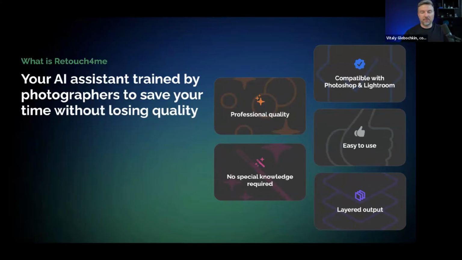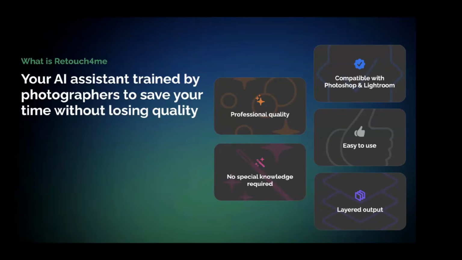The biggest problem with AI plugins and other AI products is that they cannot provide a consistent result. From image to image, sometimes the results are different, but in the case of our plugins, we are trying to do our best and the result will be really great.